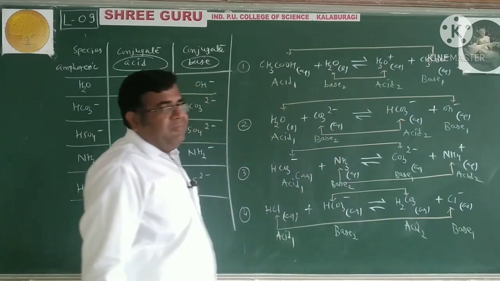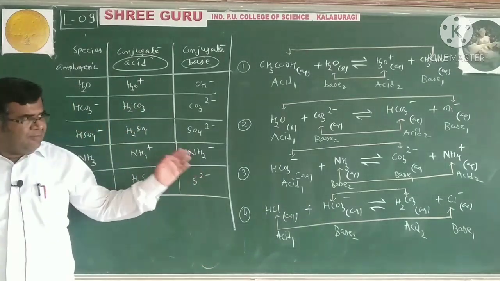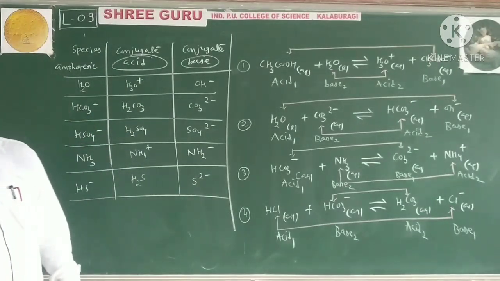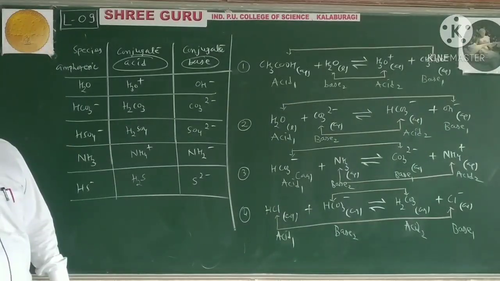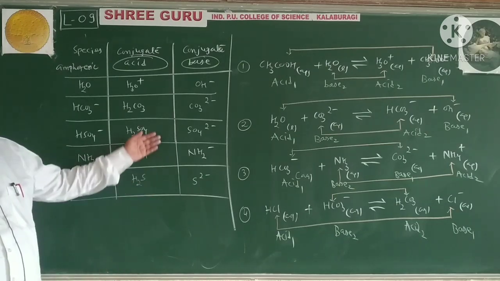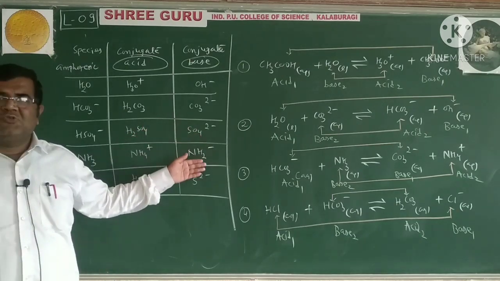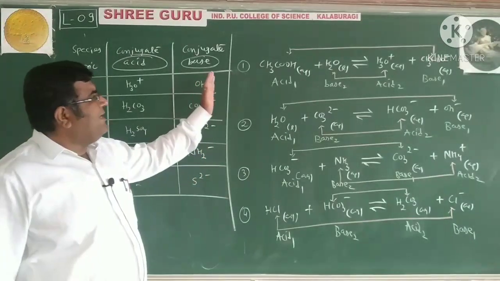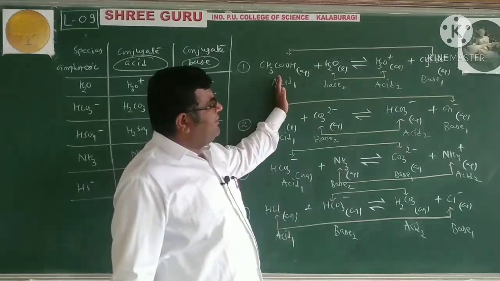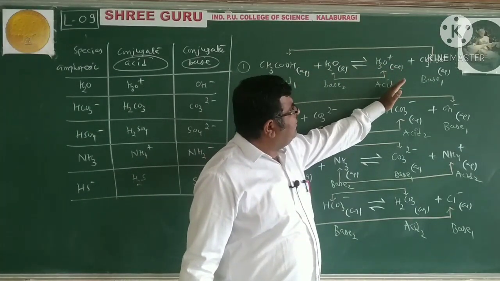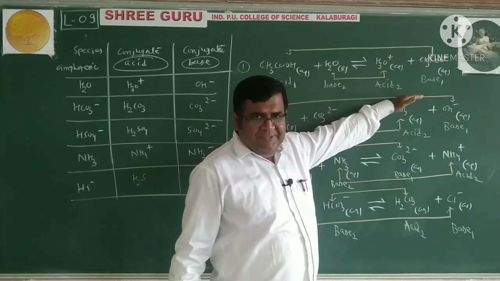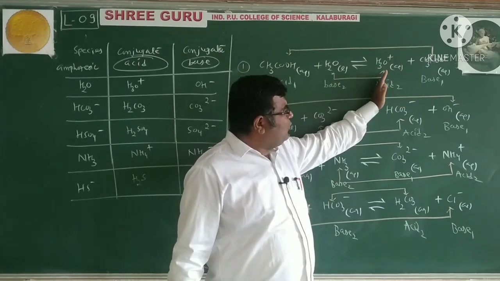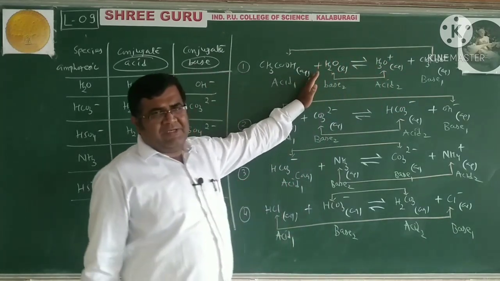And this is base 2. In that way, we can identify. Yes, see how I have written this acid 1, base 1, acid 2 and base 2. If acid 1 is at reactant site, base 1 should be at product site. And if acid 2 is at product site, base 2 should be at reactant site.